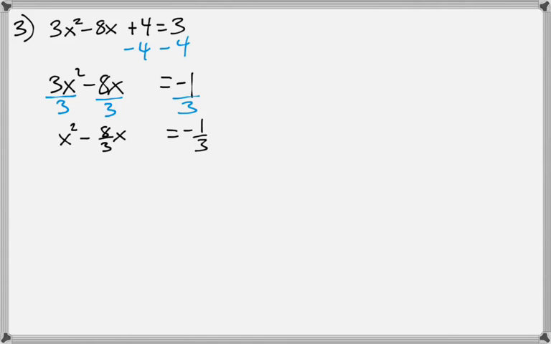Okay, so for completing the square, we need those two numbers. And the first one is half of the coefficient of the x term. Now, because it's a fraction, we still need to take half of it. But another way to think about taking half is multiplying by 1/2.